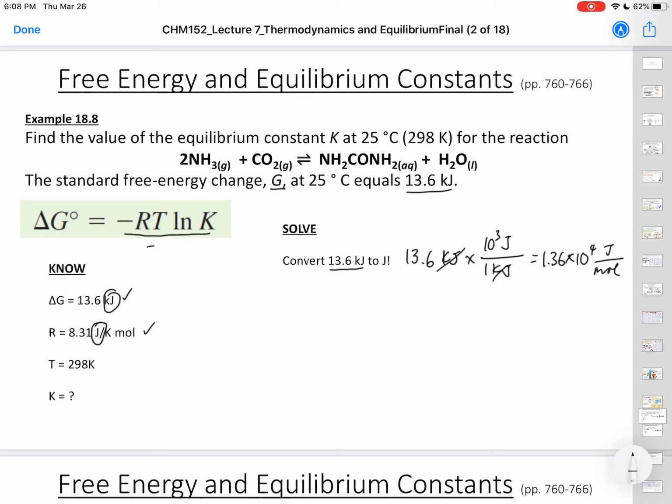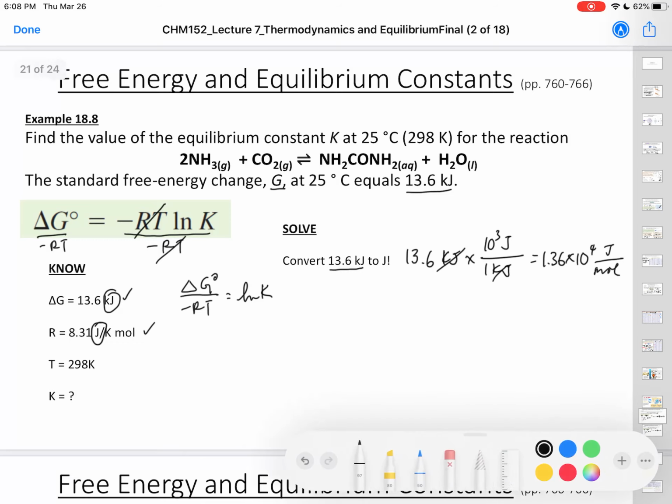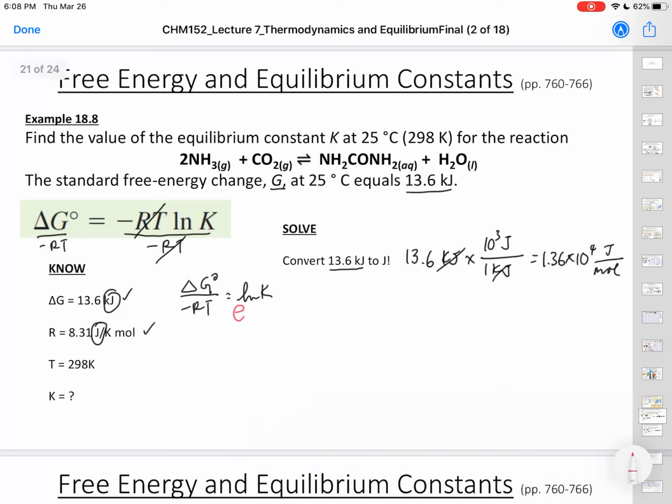With that in hand, we're going to calculate K. If you want, you can rearrange this equation first into K equals. We divide this side by minus RT and divide this side by minus RT, so this cancels out. We get ln K is equal to delta G over minus RT.